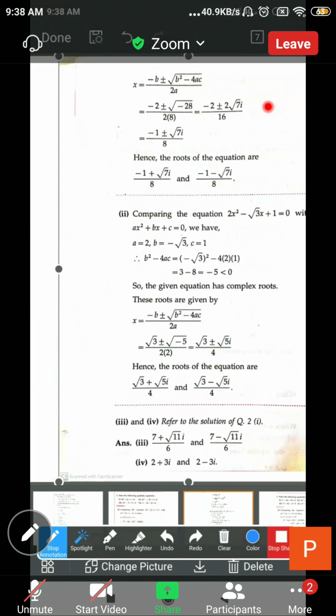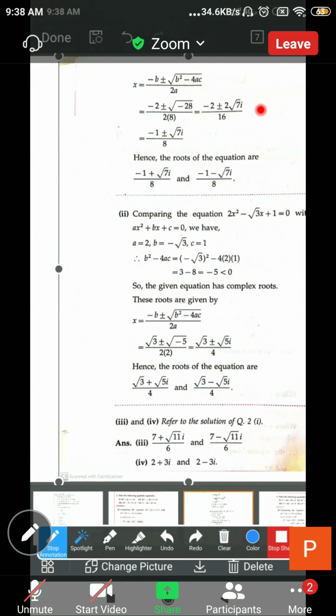Then factorize 28, which can be 4 into 7. The square root of 4 is nothing but 2, so we can take it outside the square root. The remaining term is minus 2 plus or minus 2 root 7, and for root minus 1 we write i.